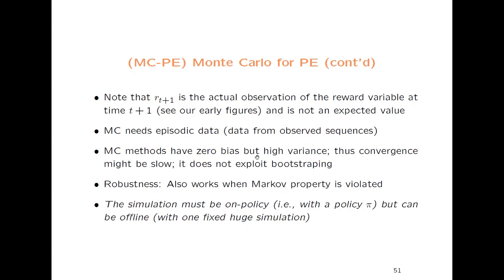So on average, it will give you the correct estimate, but high variance, so it might need quite a lot of data to get the value function correct. Thus, convergence might be slow, and it does not exploit bootstrapping, as we have seen before in value iteration and similar methods. V was always a function of the previous V, or Q was a function of the previous Q, so this is called bootstrapping.